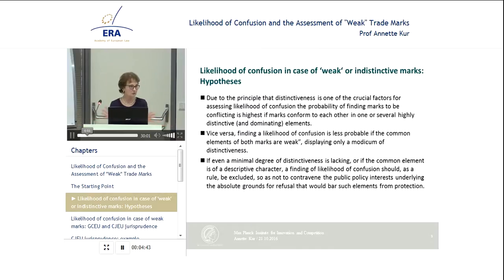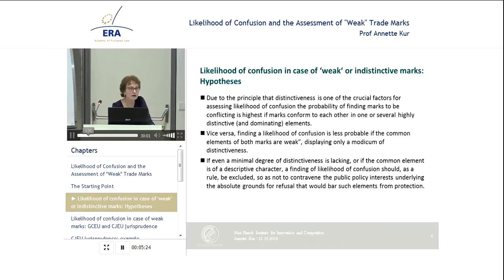And out of that sort of thinking, it appears to emanate as a matter of near self-evidence that if we only have a coincidence between two signs that concerns those elements that need to be kept free from protection, this should also not allow a finding of conflict between the two, with the obvious result that one of the signs gets an exclusive position vis-à-vis the other.